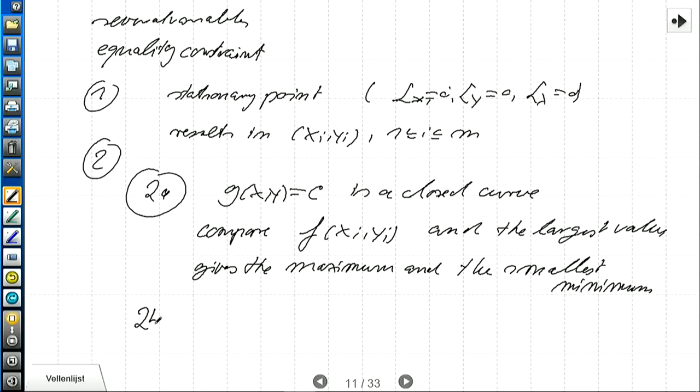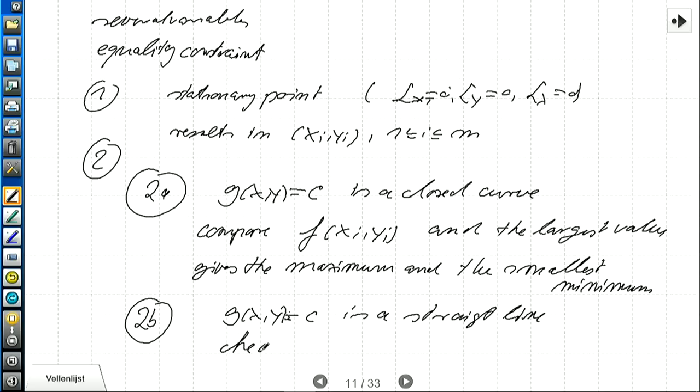Otherwise, g(x,y) equals c, oh, sorry, equals c is a straight line. In this case, check neighboring points.